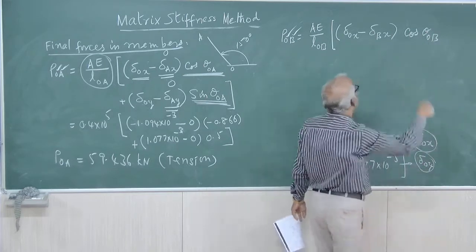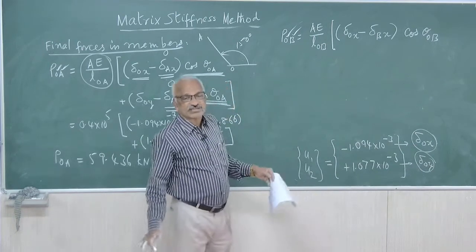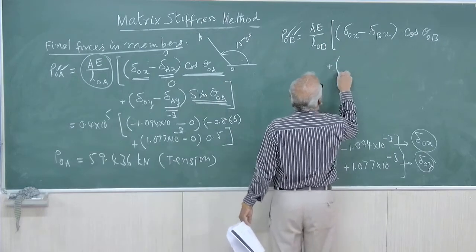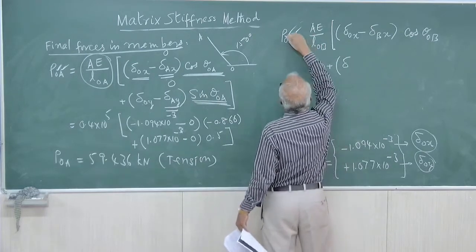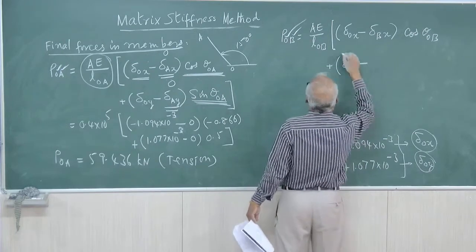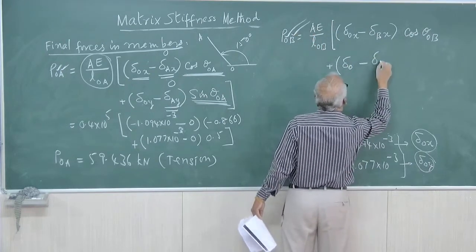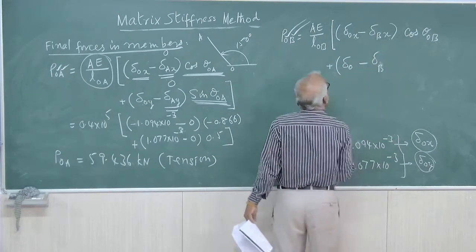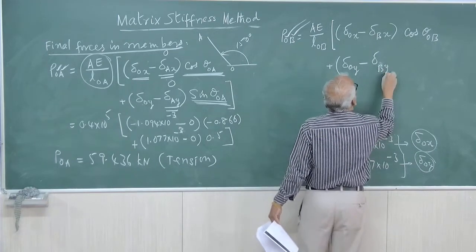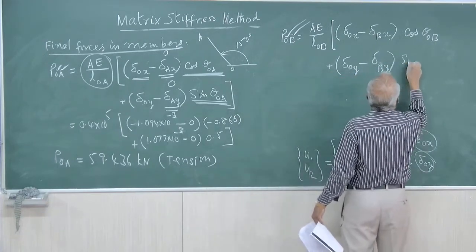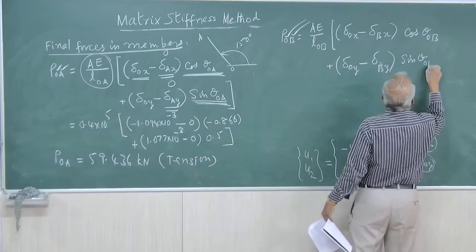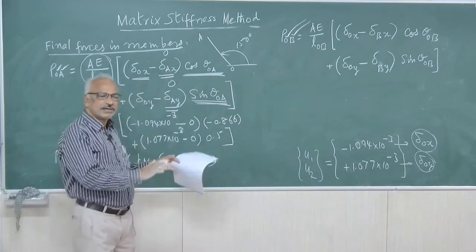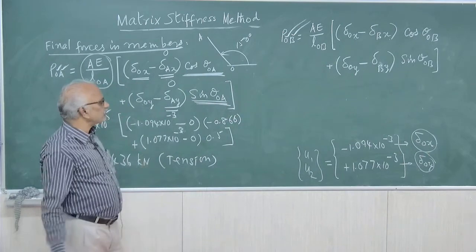The numerical value of cos theta OB is in the table, plus the same formula, delta O minus delta B, in the y direction, into sin theta OB. That is the formula. Similarly, for OC, OD, OE, the same formula can be repeated, replacing the letters.